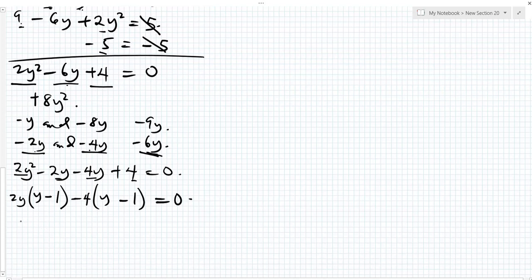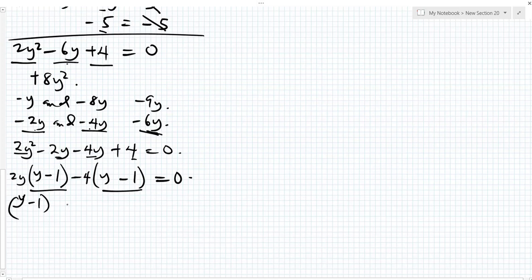Now you have common terms. This y minus 1 expression is a common factor. So you now say y minus 1 into, if y minus 1 divide this first term, you'll be left with 2y. If y minus 1 divide this second term, you have minus 4.